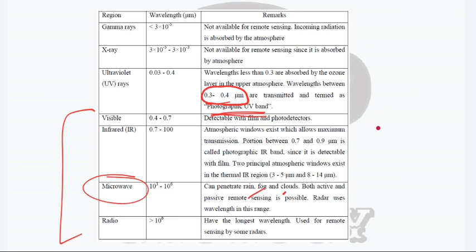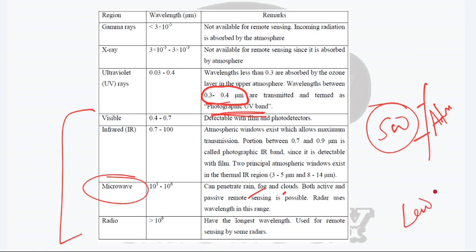Basically, shorter wavelengths are transparent for the atmosphere, but longer wavelengths, that is radio waves, are absorbed by the atmosphere. Visible rays are scattered by the atmosphere, but microwaves are easily transferred through the atmosphere.